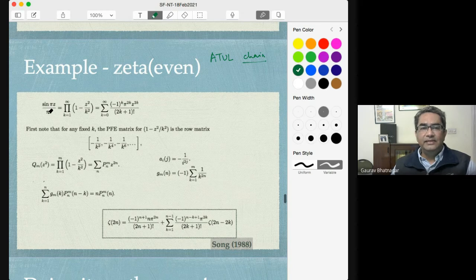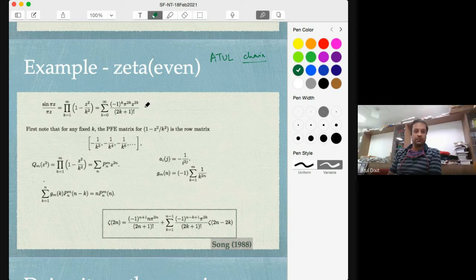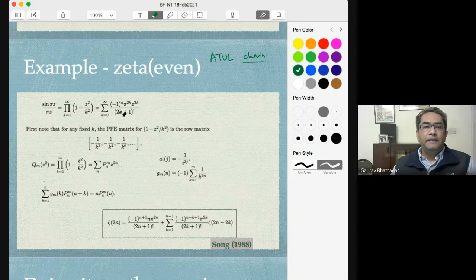We start with the product of sine pi z over pi z, and we know that the right hand side is from the power series expansion of sine pi z over pi z. So what I want to do is show you how to write a matrix for this product. First of all, take one term of the product, 1 minus z squared over k squared, and for this the PFE matrix is easy.